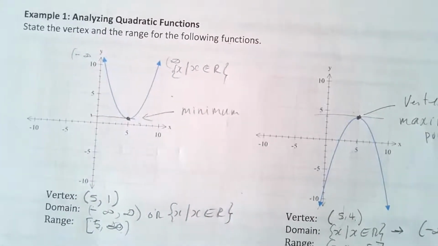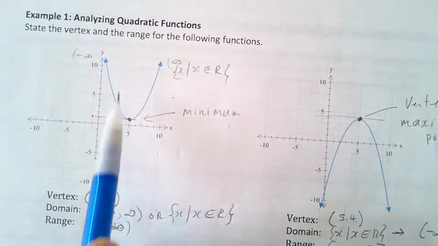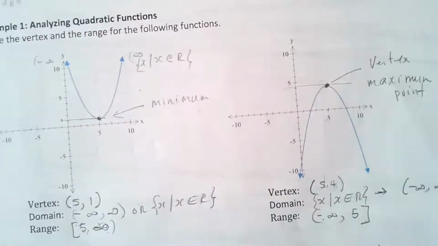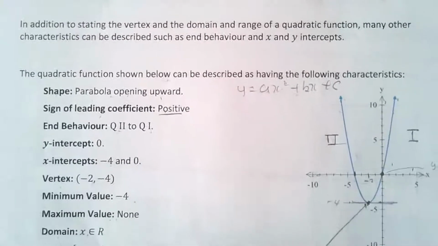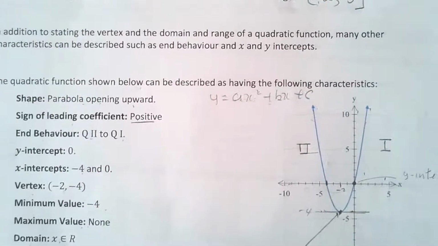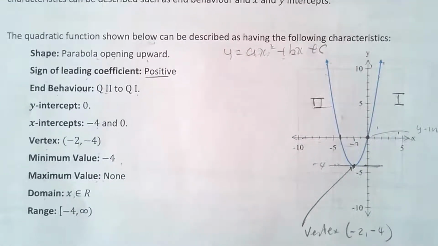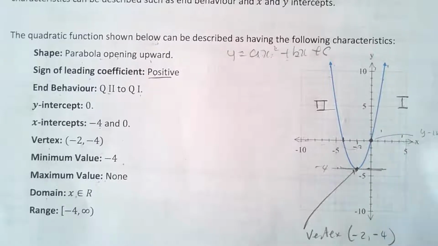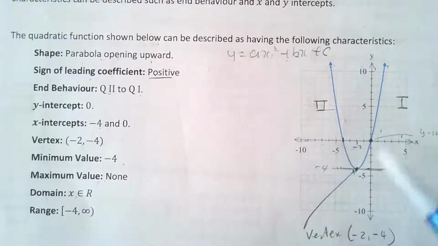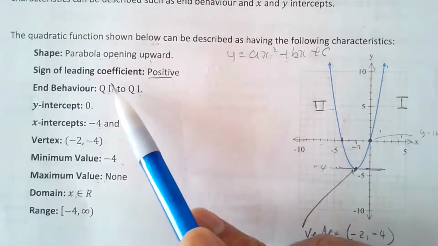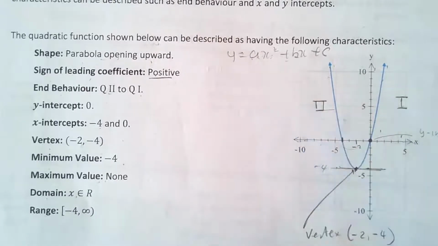If it's going down, we said the shape is downwards. If it's going up, we said the shape is upwards. So in this case, this parabola is going up. If it's going up, the sign of a leading coefficient is positive.